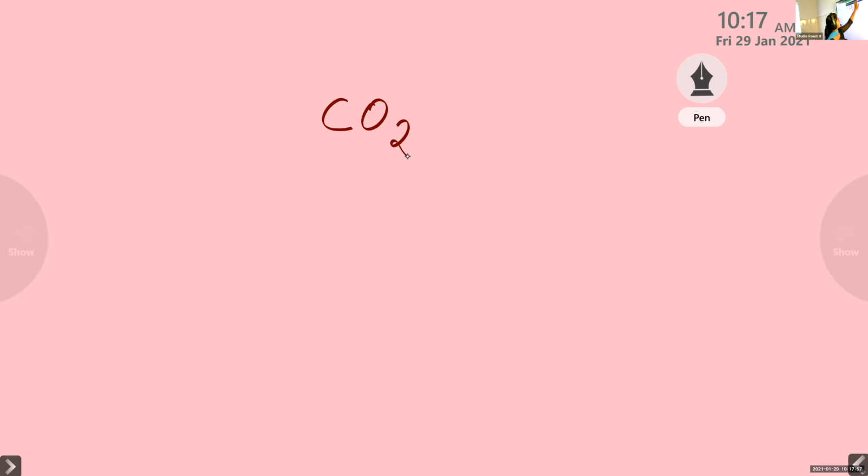Tell me how to find out this molecular mass of carbon dioxide. Atomic mass of carbon, 12U. Yeah, it's 12U. Then what about oxygen? 16U. So, how many oxygen atoms here? 2.